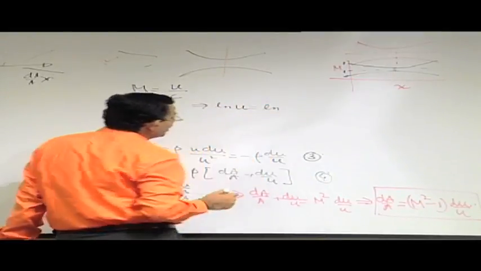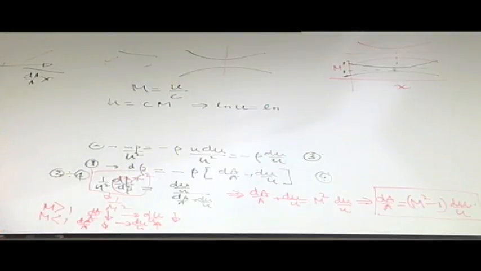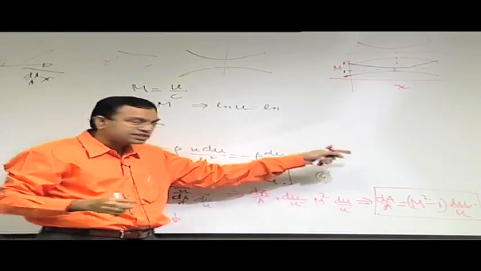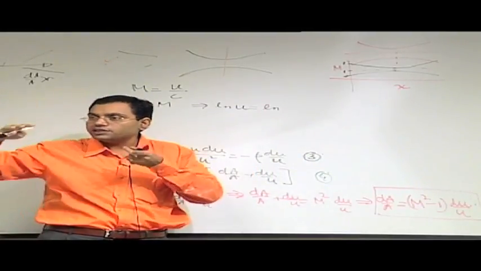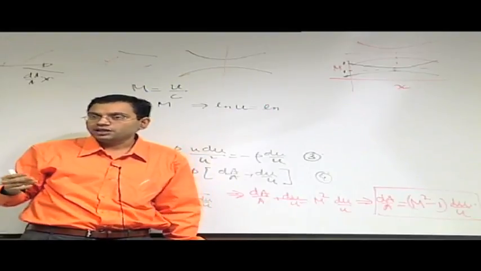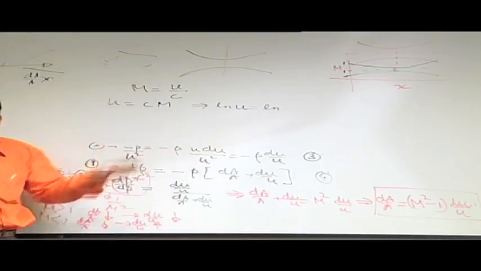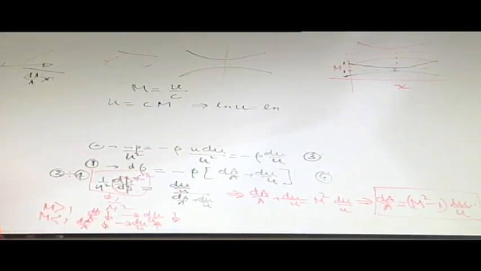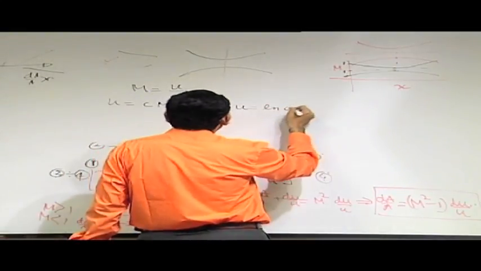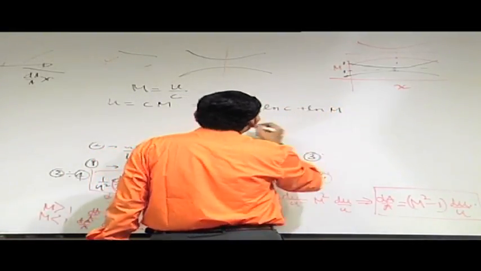Now what you may do is you may take log of both sides and then differentiate. By this time you have realized that there is a purpose in taking the log and differentiating, because you are getting this type of expression, dA by A, du by u, by taking log and differentiating. There are other ways of getting it, but this is the easiest way of getting such forms. So log of u equal to log of C plus log of M, and then you differentiate.